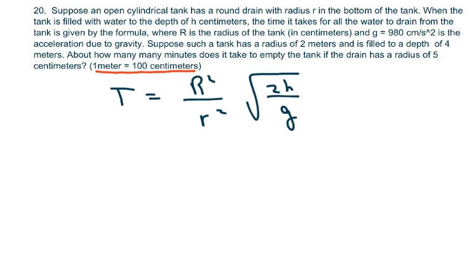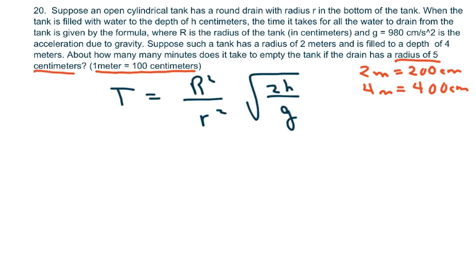So, for example, 2 meters equals 200 centimeters, or 4 meters equals 400 centimeters. We're going to substitute these values into the equation, and the radius of the drain is given as 5 centimeters right here.